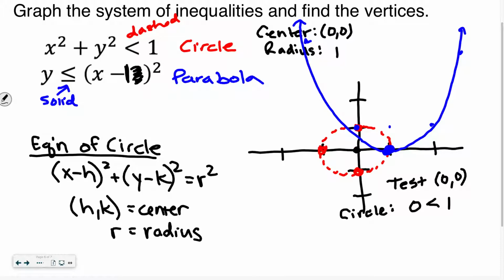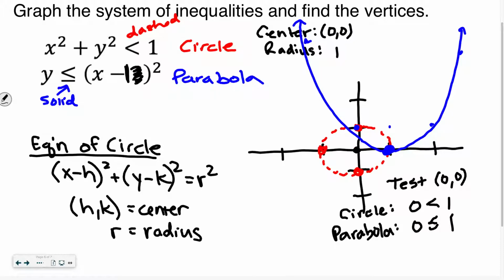Now the parabola cuts that into 2 parts. Am I shading this little section or this larger section? So now I'm going to test my parabola. I'll put 0 in for x and y. That's 0 is less than or equal to, that comes out to be 0 minus 1, so negative 1 squared is 1. True or false?